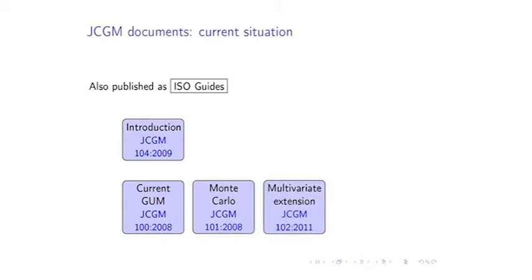The current GUM is known as JCGM 100, and supplement 1 to the GUM is known as JCGM 101. Supplement 2 is JCGM 102, which extends, as I say, the provisions of 101 to the multivariate case. There's also a conformity assessment document, which people like Eduardo will be pleased to hear is fully Bayesian.